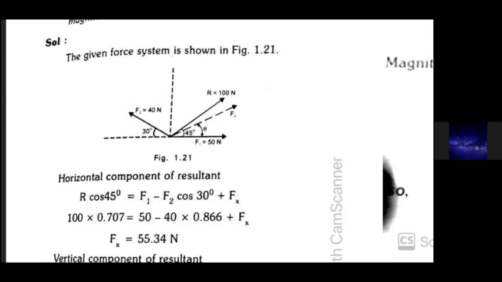Next, the horizontal component of F2, where the F2 value is 40 newtons, equals 40 cos 30. It acts towards the leftward direction, so you have to take minus F2 cos 30, and plus Fx.